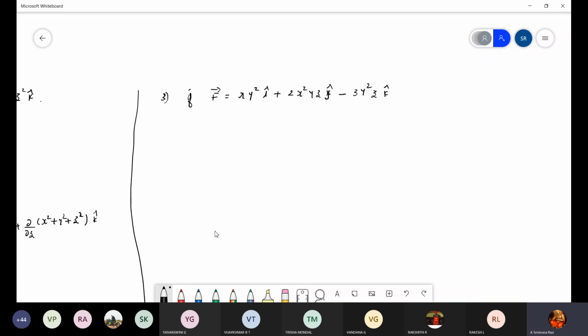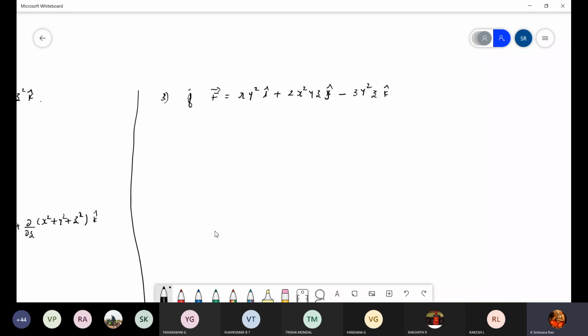I'll repeat. F equals xy square i cap plus 2x square y into z j cap, correct, minus 3y square z k cap.